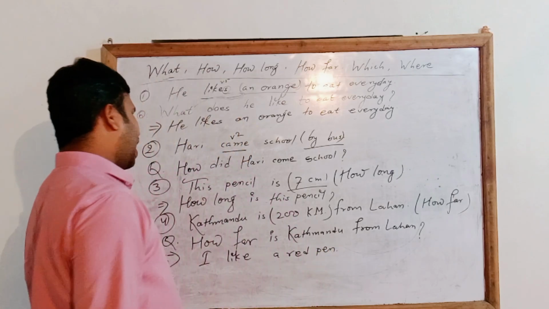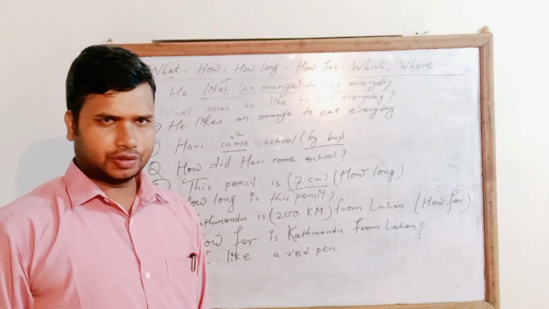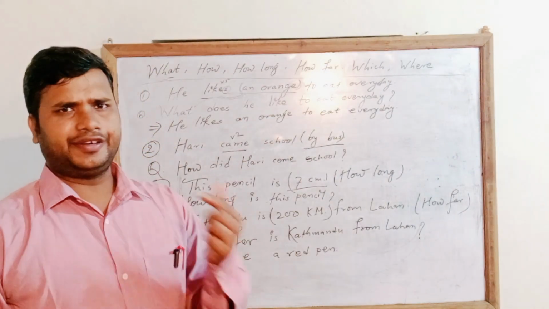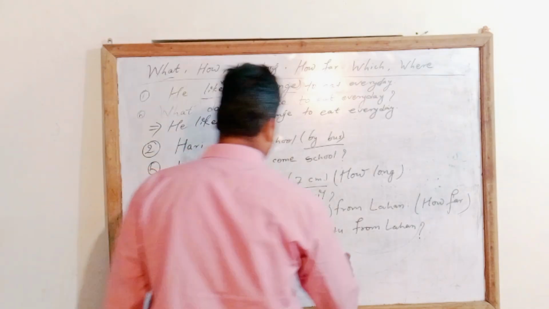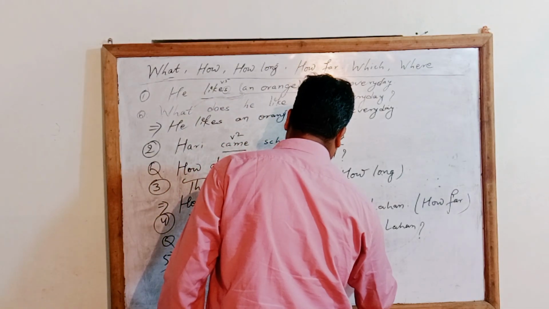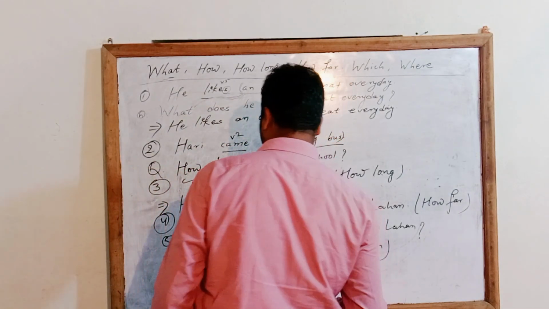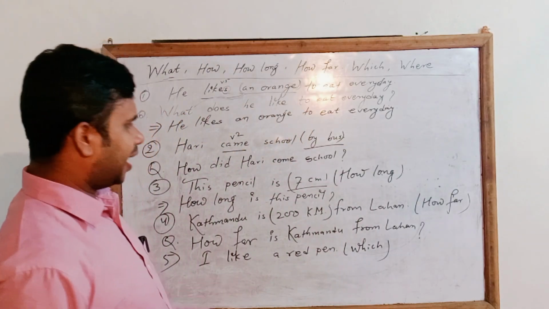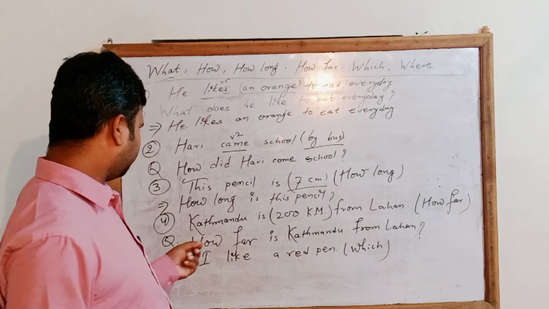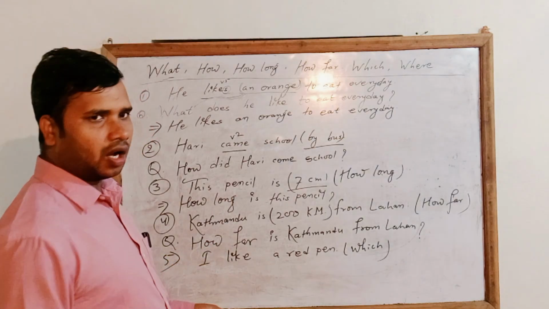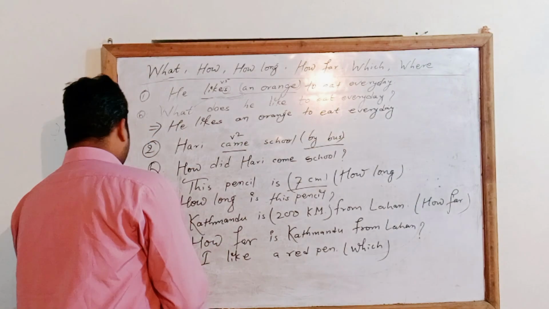Okay, I like a red pen. Understood? I like a red pen. Understood? Okay. Here has given us which question? I like a red pen. And how has made this question here? How can you make this question?